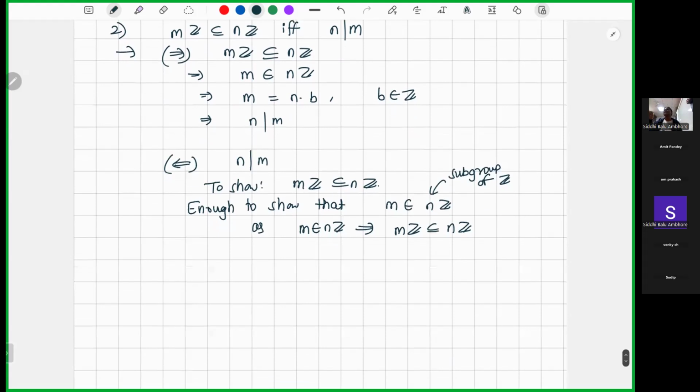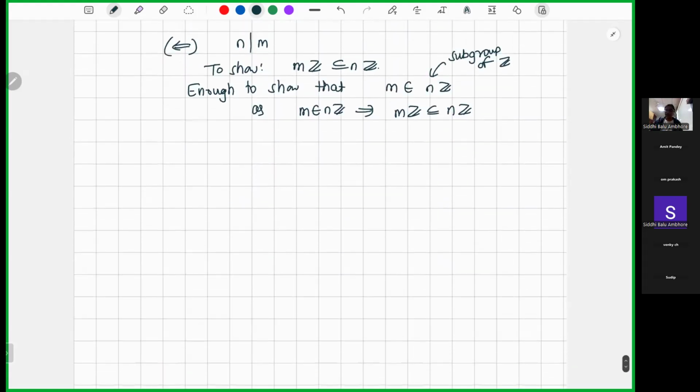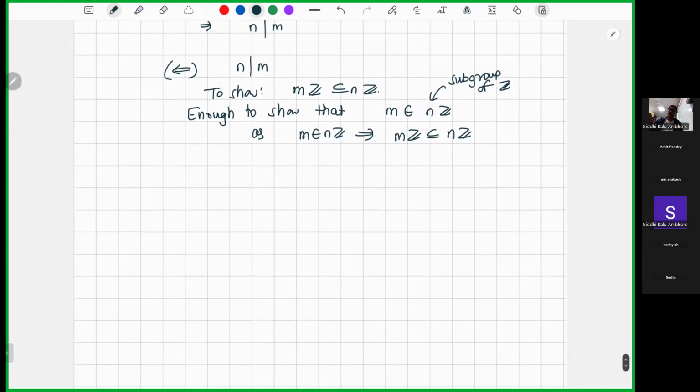It is closed under addition, has identity and has inverses and so on. So it is enough to show that M belongs to NZ. Are you with me for this?